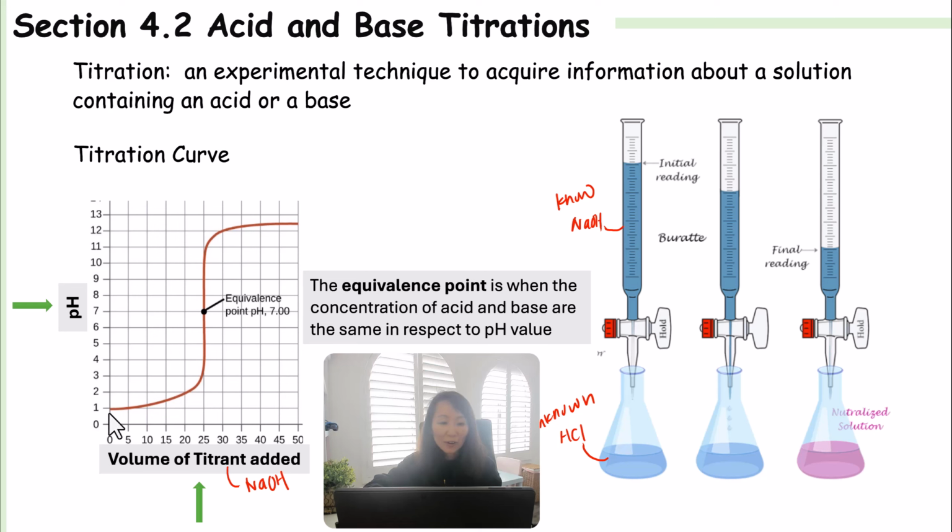So again, in the very beginning, there's only acid present, so the pH is really low. In the very end, the pH is very high because you added a lot of base. Somewhere in between, right here where there's a big jump, is the location where the acid and base concentration are exactly the same.